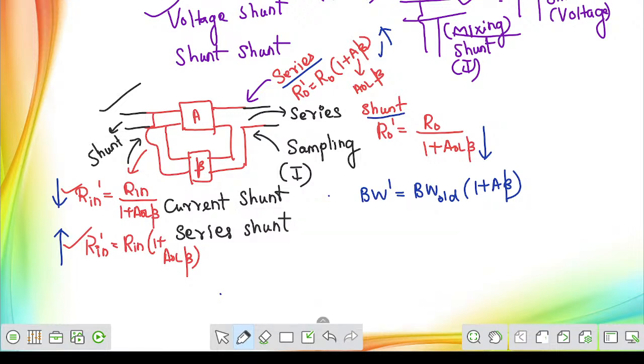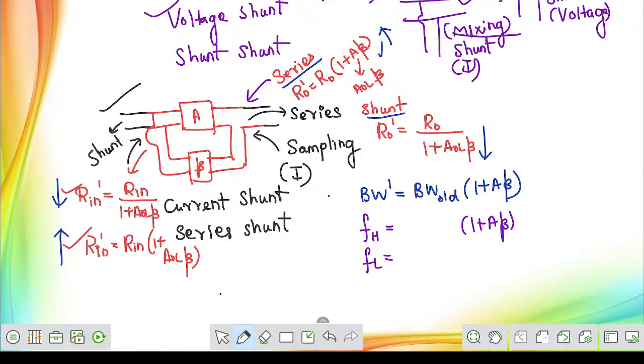See, from the bandwidth configuration, what I am saying is, if they are asking the resultant upper cutoff frequency or resultant lower cutoff frequency, just recollect once. Once again, you will have to consider this existing factor A times beta, and they will also give the unity gain frequency. Once those two factors are given, then you can find the upper cutoff frequency.